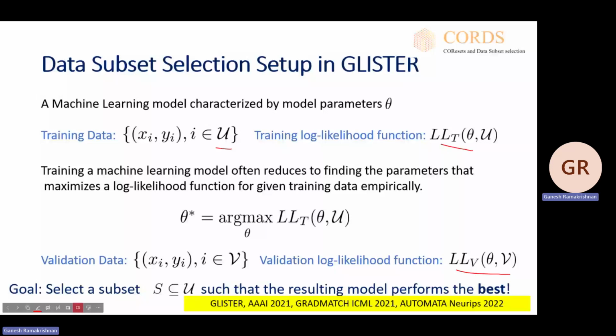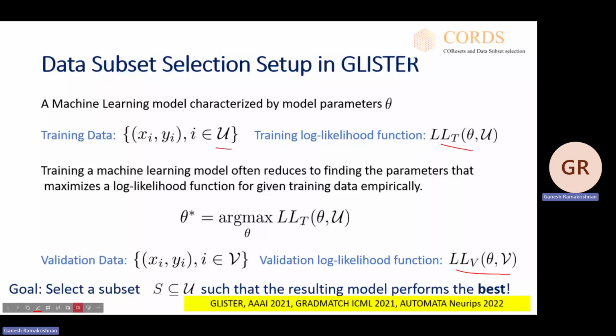That's where we began, and we showed that for certain functions the outer objective is submodular or weakly submodular. I'm not getting into any of the math here, but the point is you want the subset selection to be such that it doesn't consume all the time. If I apply subset selection and it takes all the time, that defeats the purpose. The subset selection time should be such that it more than compensates for the overall parameter optimization.